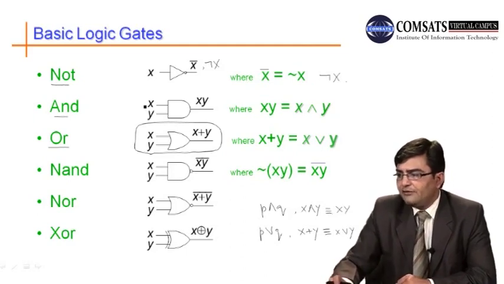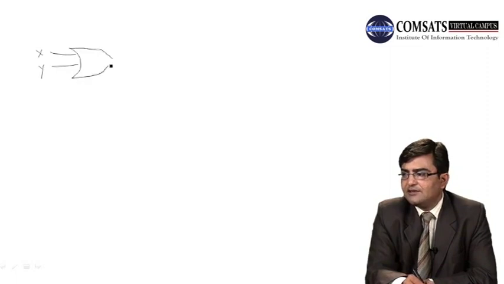For example, if we have the OR operator, this logic gate has two inputs, X and Y, and its form is like this. It is constructed as you have seen in the previous slide. This is basically the form of the OR logic gate.